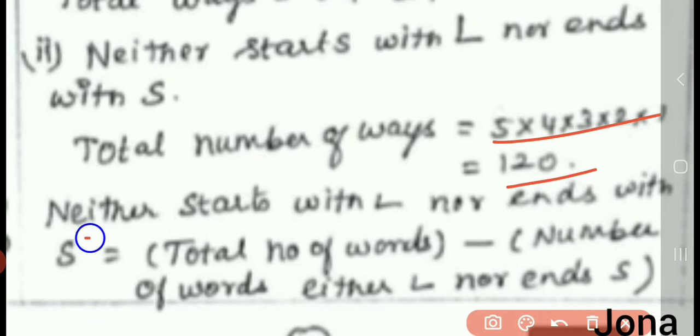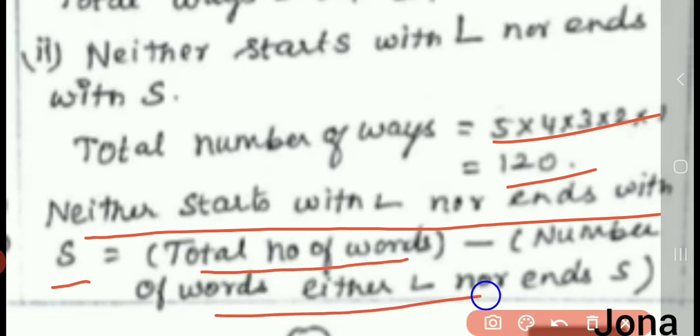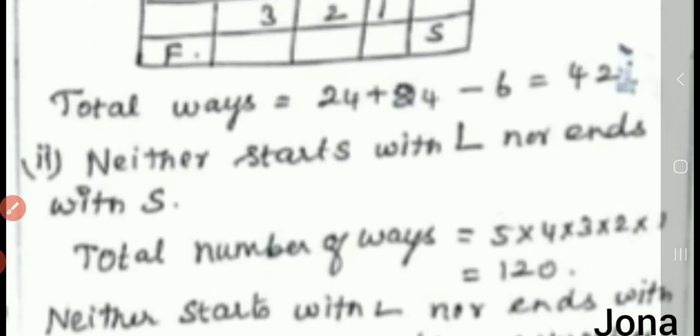Here we want to find words that neither start with L nor end with S. So total number of words minus the number of words that either start with L or end with S. The total is 120, and this we also found already, that is 42. So we subtract 120 minus 42, and we get the answer.